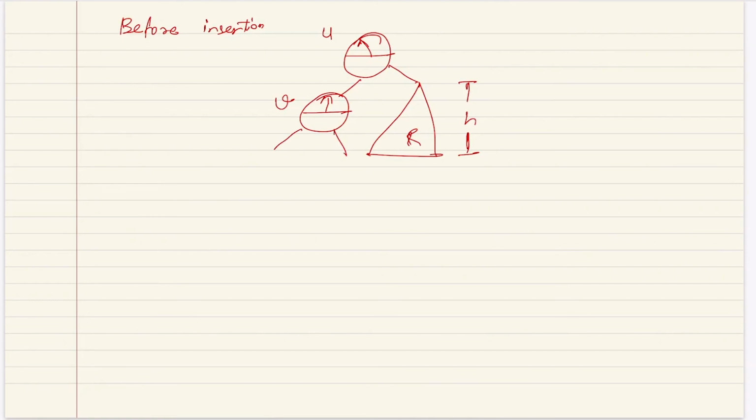It would be balanced. Let's call them LL and LR. Now what will be the height of LL and LR? This is height h, this is left heavy, so overall is h plus 1, so they are both height h.